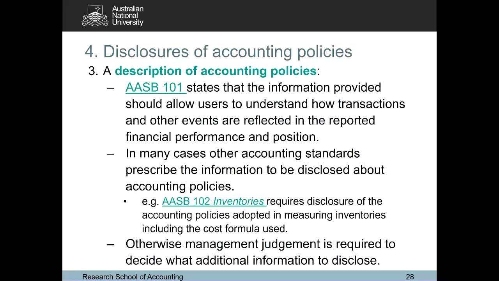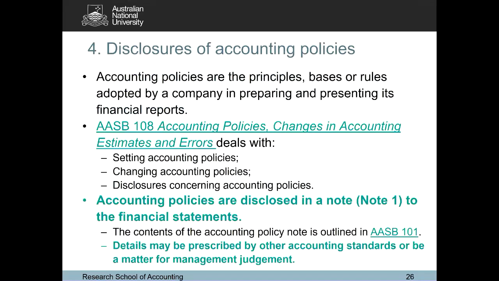That's always about the principles, the measurement basis, and the rules the company follows. AASB 108 is discussing the whole policies, accounting policies, estimates, and measures. And this 101 is providing the outline of that.